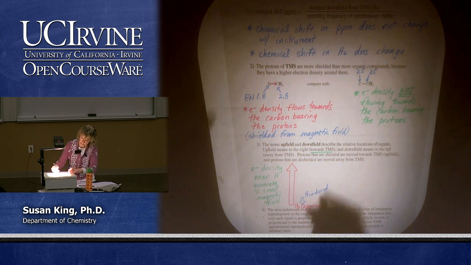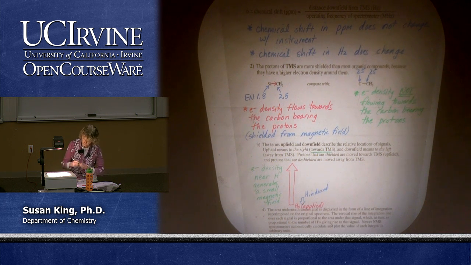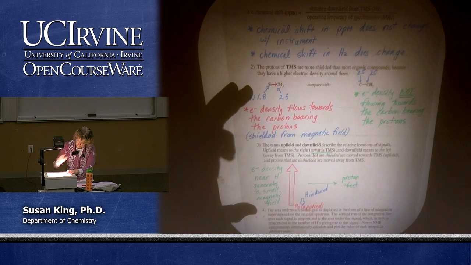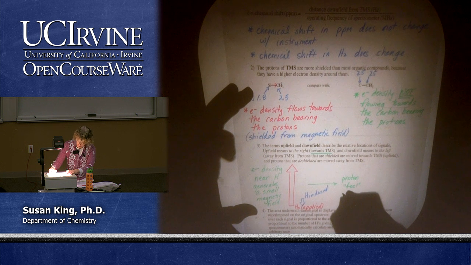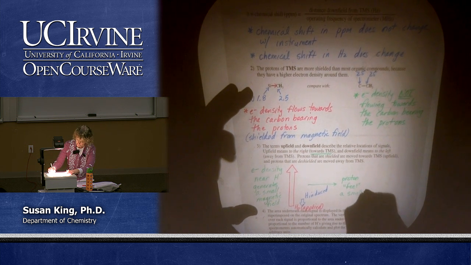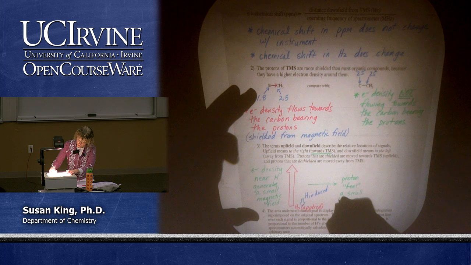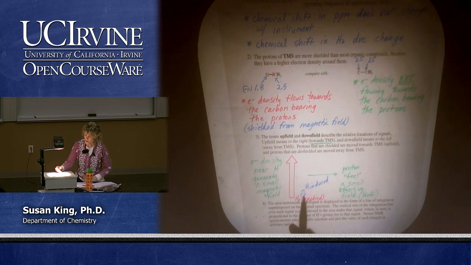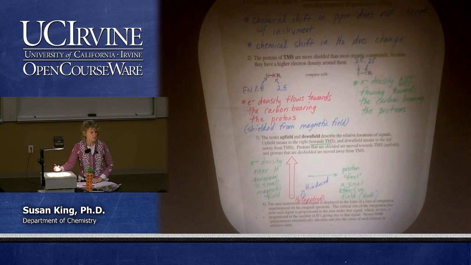And when that happens, the proton feels, they don't feel, but I'm trying to make this accessible here, the proton feels or experiences a smaller field, a smaller effective field. And we call this H effective. And H effective is just the H0 applied minus the H induced.